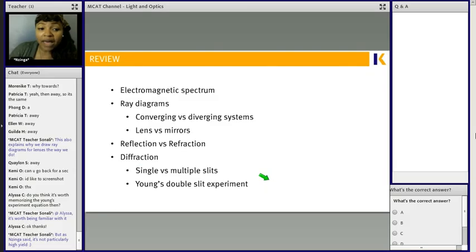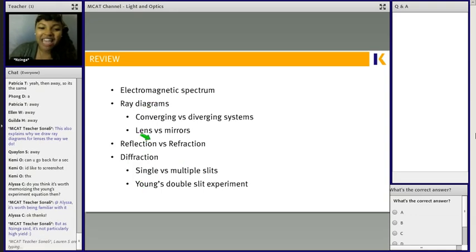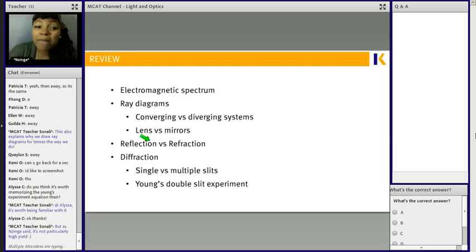With that, we have talked about the electromagnetic spectrum, the ray diagrams, the idea of reflection versus refraction, and some of the lower yield topics of single versus multiple slits and Young's double slit experiment. So hopefully you've gotten a huge insight into what's going on for the ray diagrams and your reflection, which is primarily what you're going to be tested on for test day.